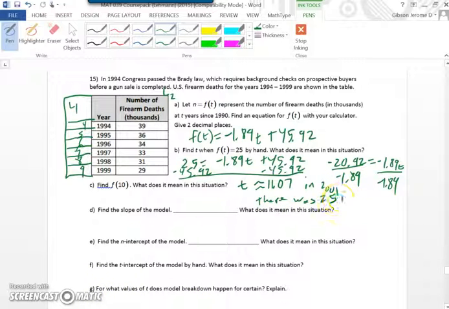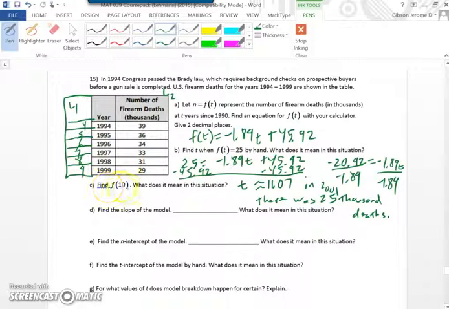There were 25,000 deaths. Okay, so that's what it means for B. And like I said, I don't have enough room, so that is why I had to write it out like this. But you can write it a little neater in your course pack.